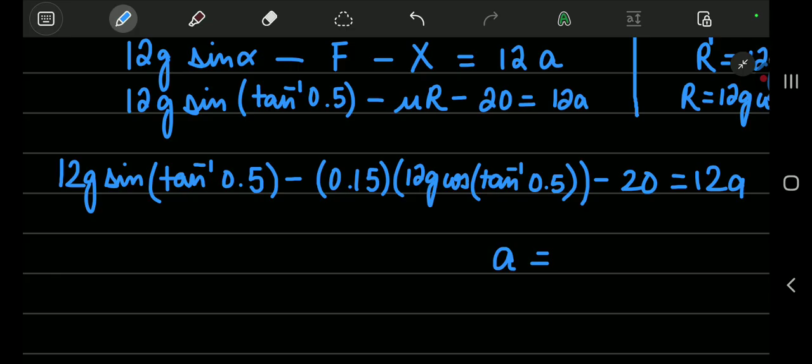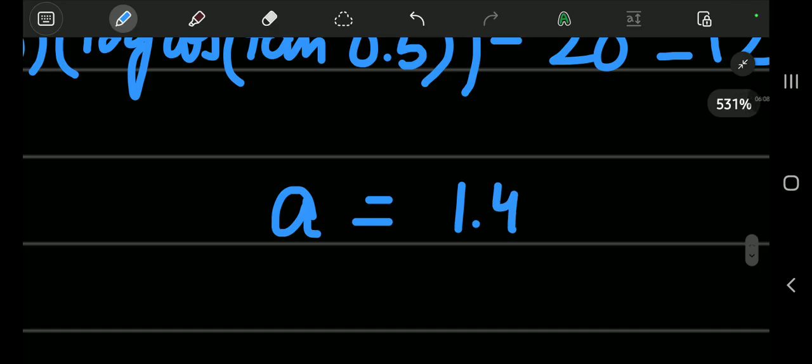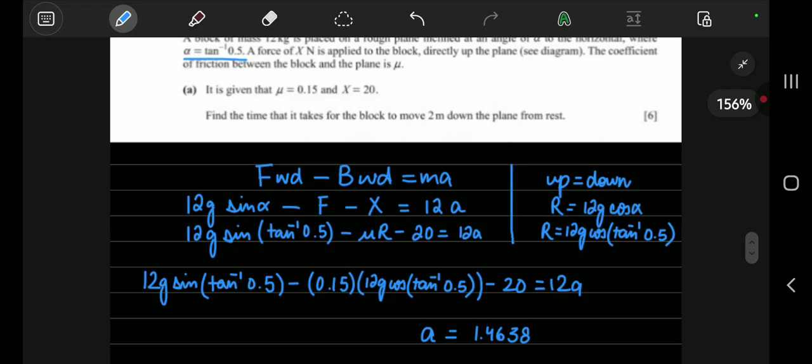You will get 1.469. Wait, let me see what it gives. 1.4638. Okay, this is your acceleration.